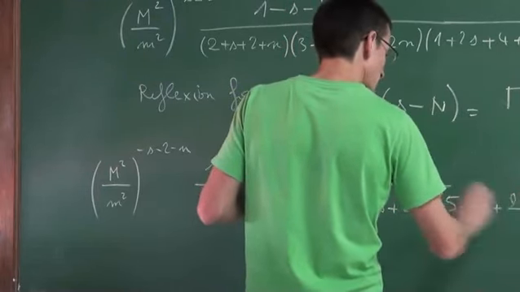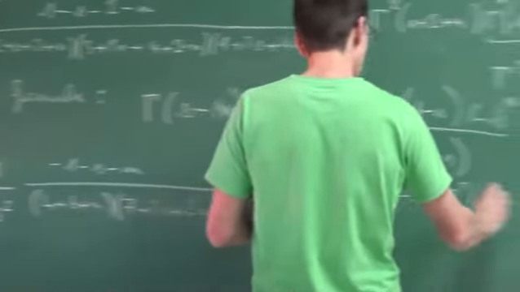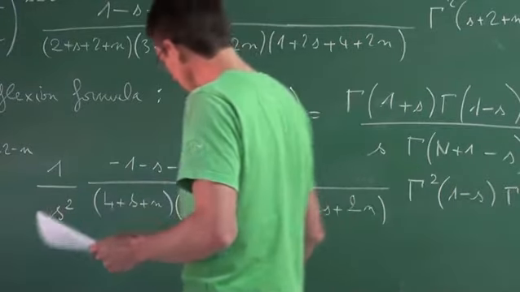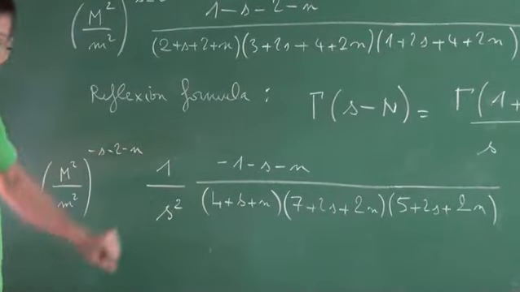This is multiplied by gamma squared of minus s and gamma squared of 1 plus s. So we see that we have extracted the divergent part.